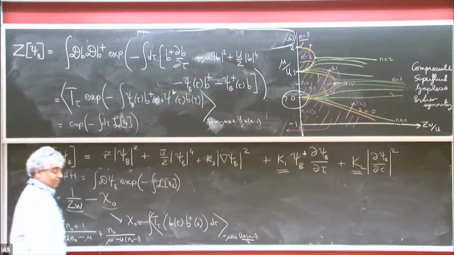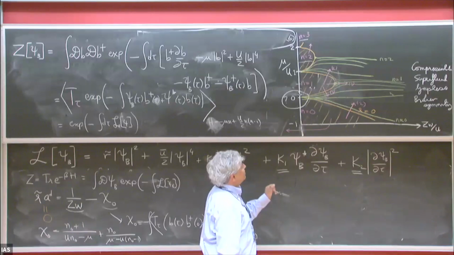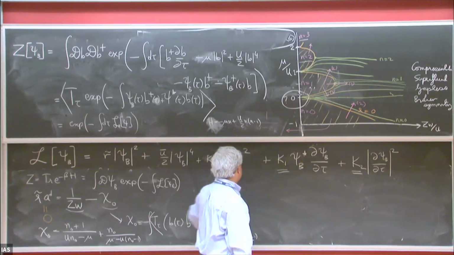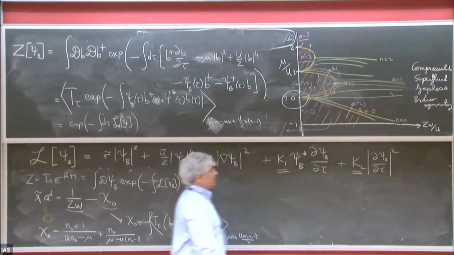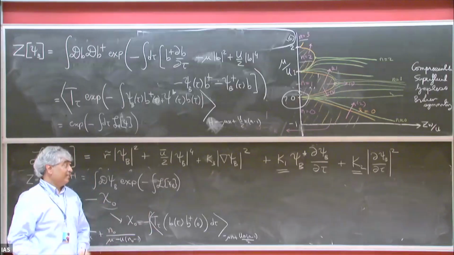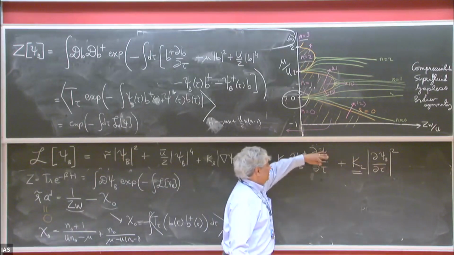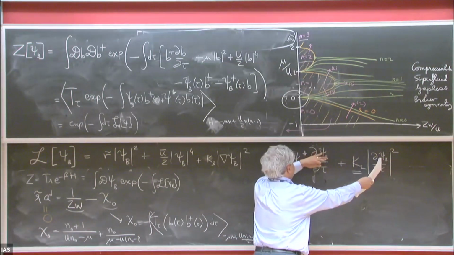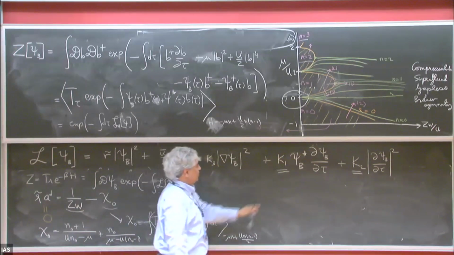It seems to be crucially controlling exactly where you have a relativistic field theory with non-trivial interactions and a non-trivial phase transition, which is the Wilson-Fisher theory. For those of you who don't know what that is, we'll talk about that later. But anyway, if you ignore this, the theory looks relativistic because you have second order space and time derivatives. So really the question is, what is K1?